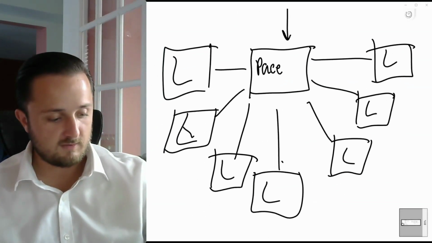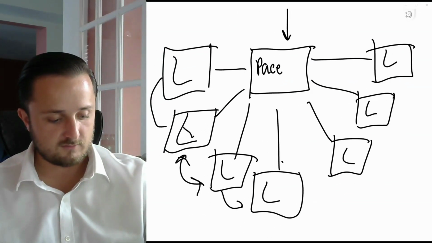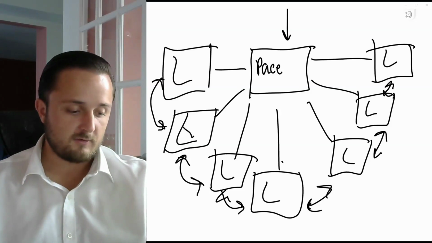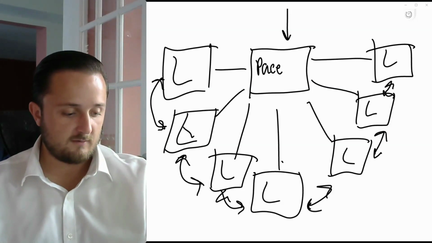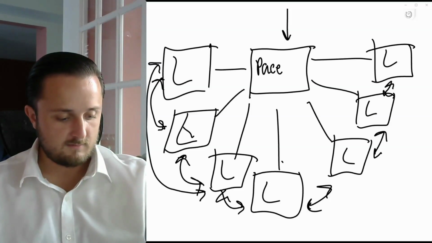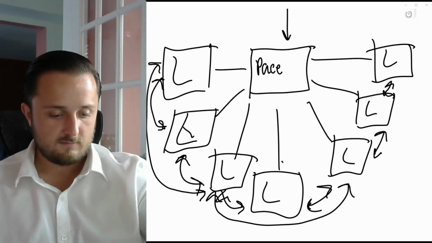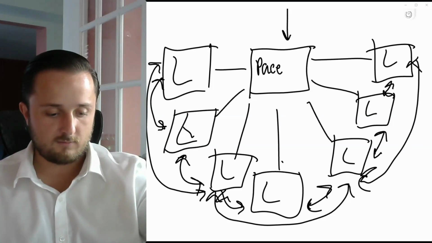Then all of these are linking to each other, right? Not only are they linking to each other that way, but they can also be linking to each other this way. Then this one links to that one. Then this one links to that one, right?